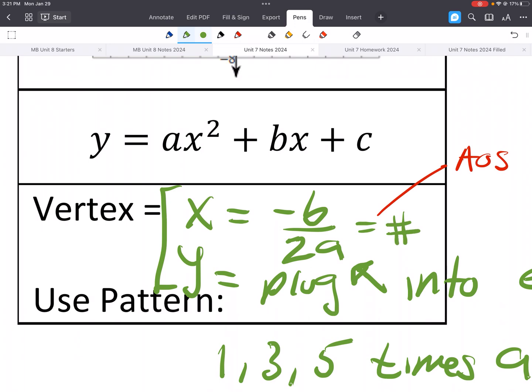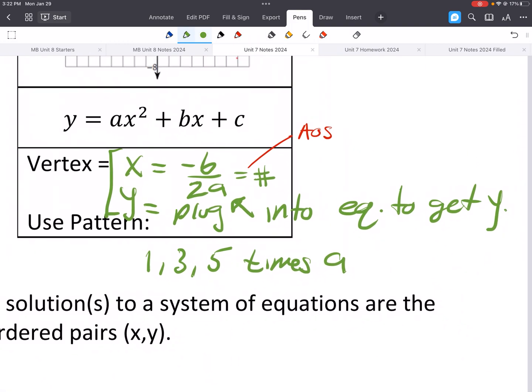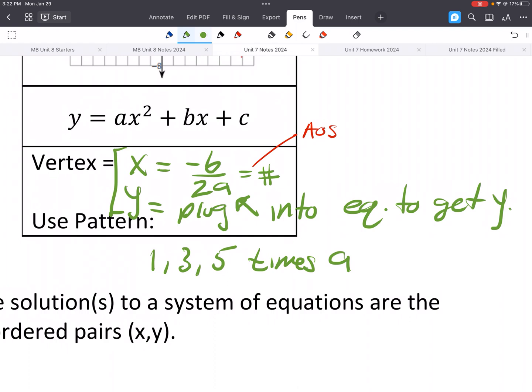Once you have that number, then we can find our y. If you have an x and you need to find a y, we can take that answer for x and plug it into our equation and solve for y. We'll do an example of that in just a minute too. Once you have that vertex, then we can just use our pattern.